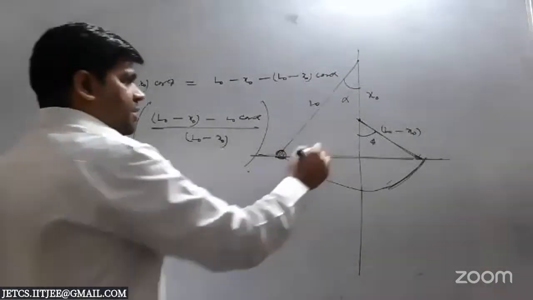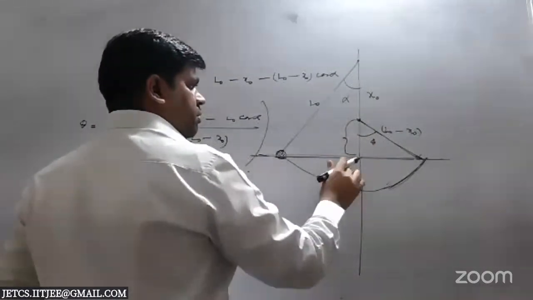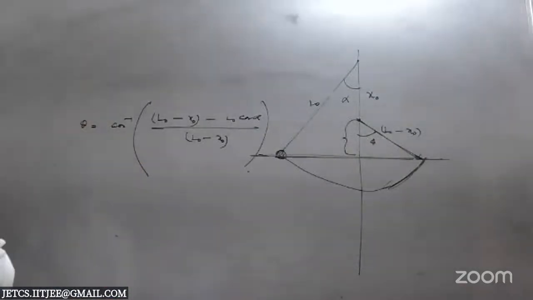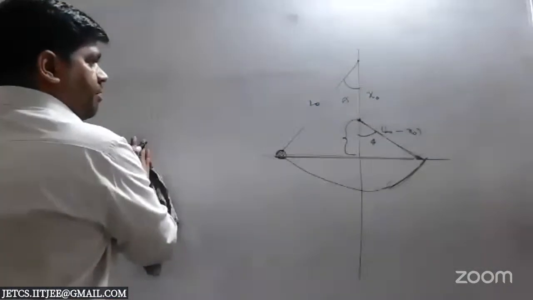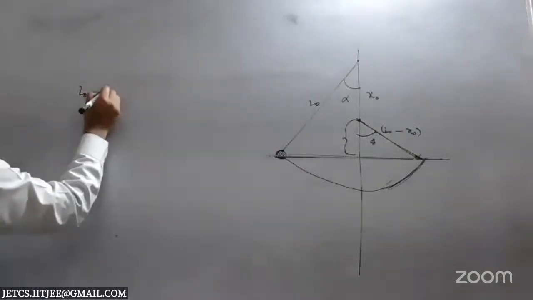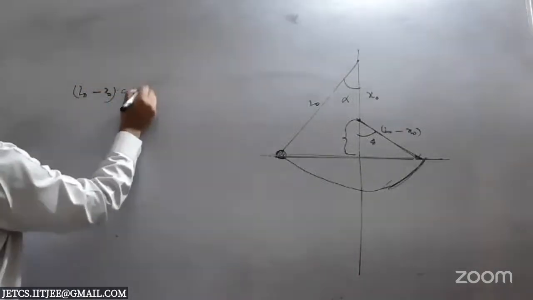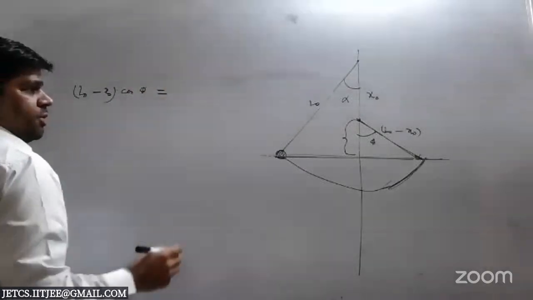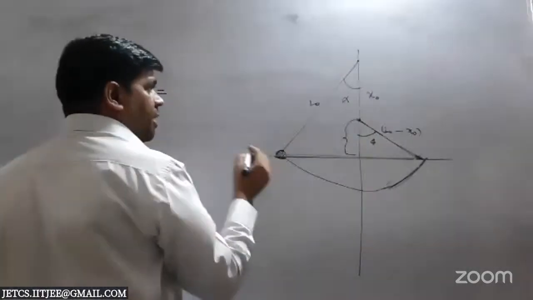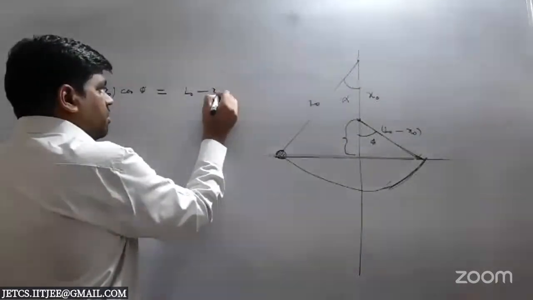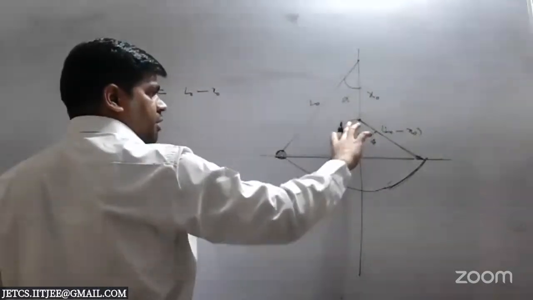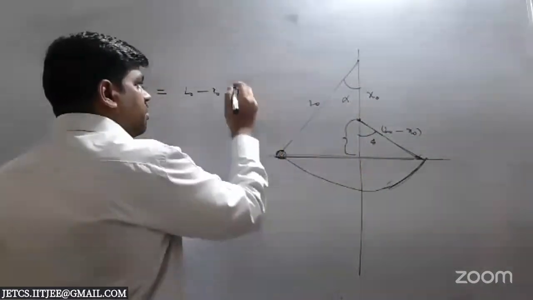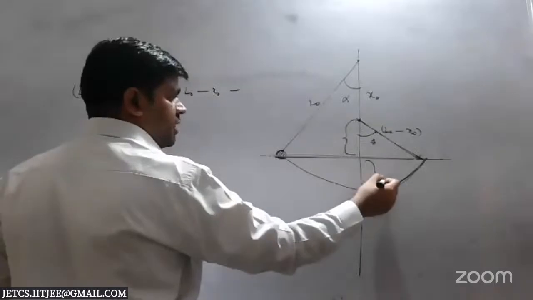See, I want to equate this one here. So L naught minus x naught cos theta, required to find theta, is equal to total is L naught minus x naught, I got this one, minus this one.